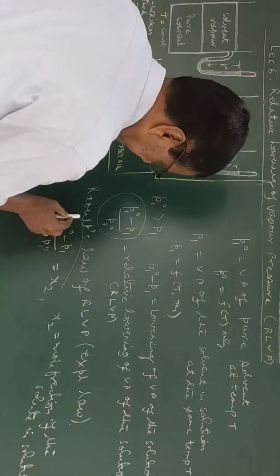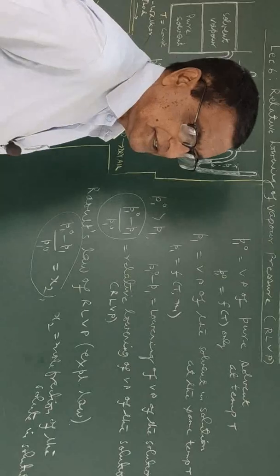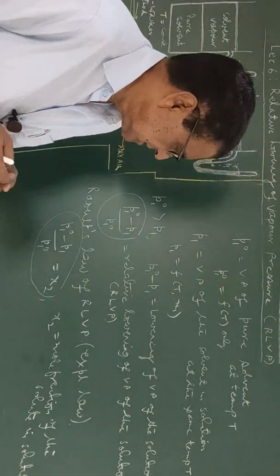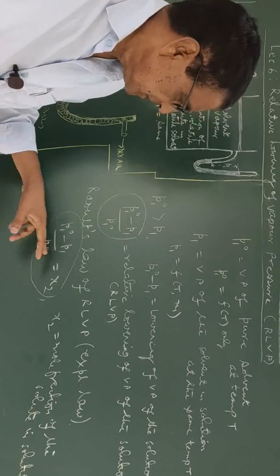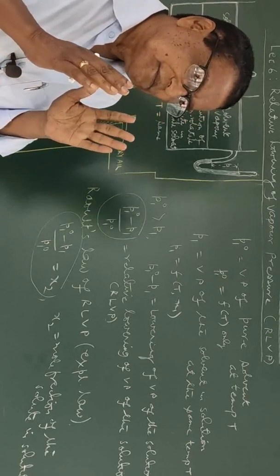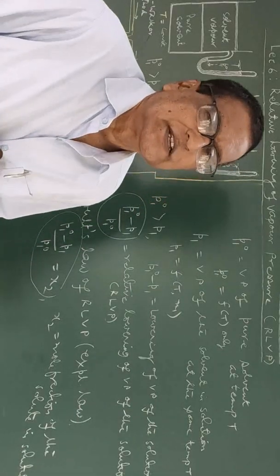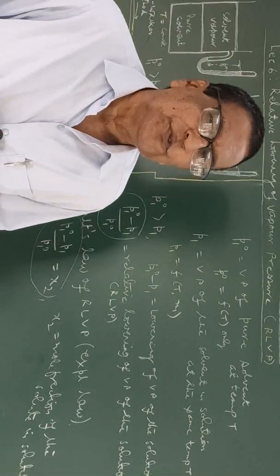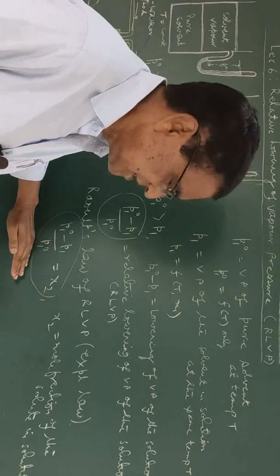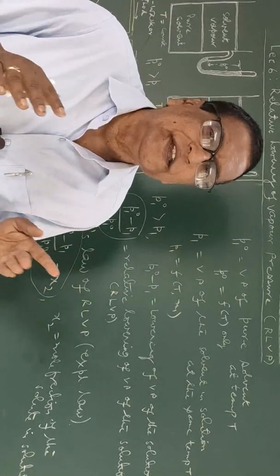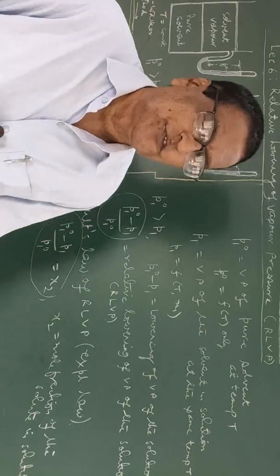This law is valid under certain conditions. The condition is that the solution must be very dilute so that it behaves ideally. Or we can say this relation is applicable only for an ideally dilute solution.